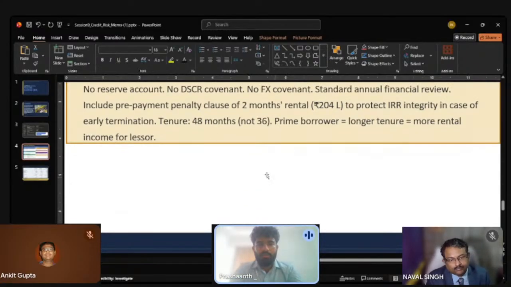So we vouch for the company to go for a 48-month tenure, and definitely a company such as this is a prime borrower. So I'll very quickly walk you through the Excel sheet as well.